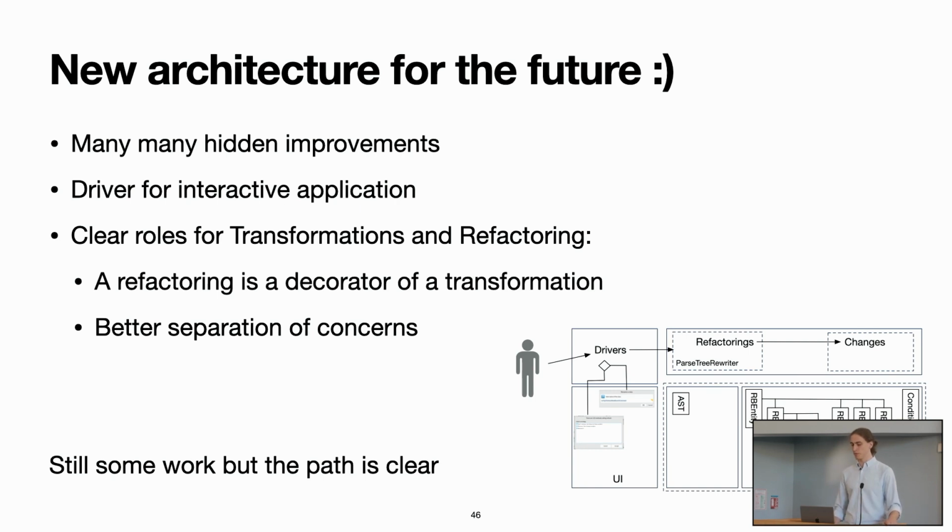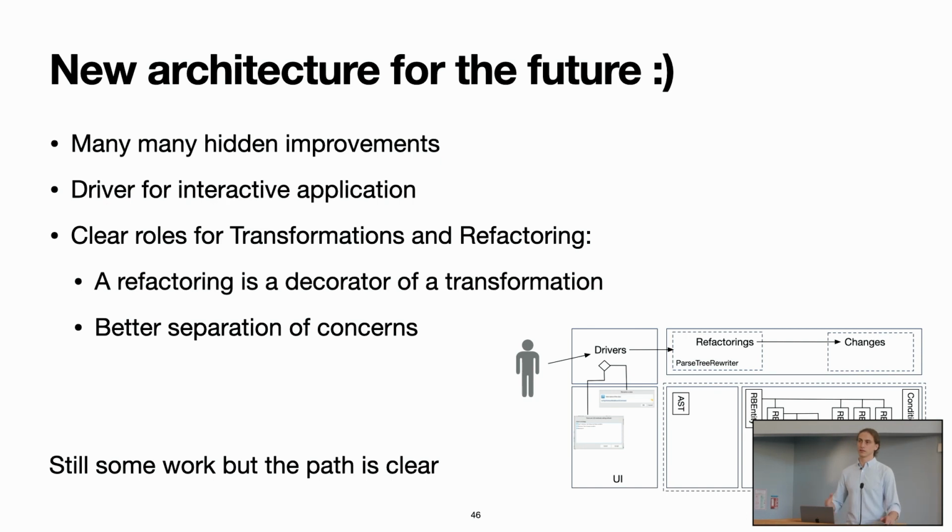So the summary is there are also many hidden improvements that we didn't talk about, because this is already too much, I think. There is a driver for the interactive application of refactorings. There are clear roles between transformations and refactorings: refactoring is now a decorator of transformation, and it ensures that everything will be behavior preserving at the end.